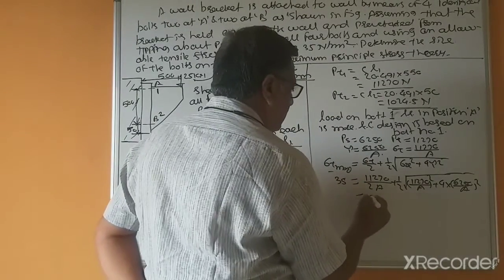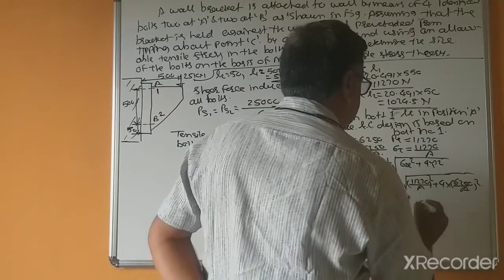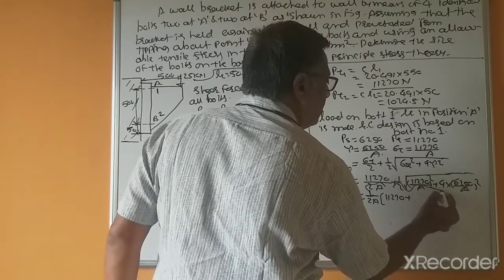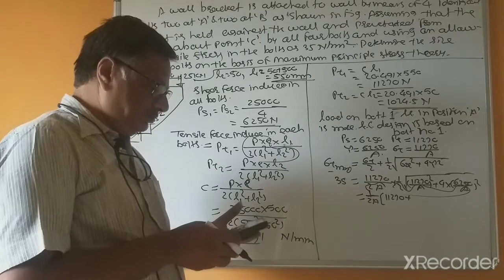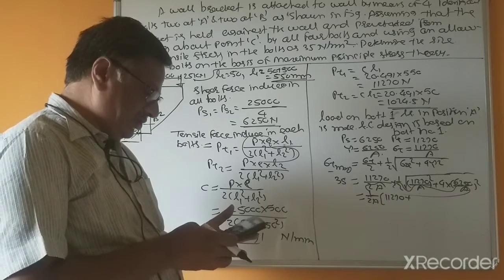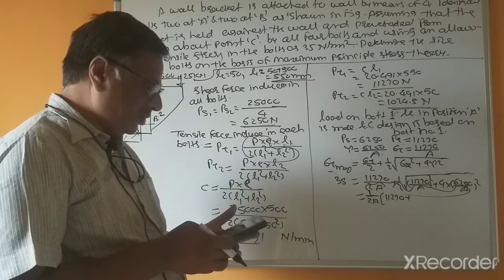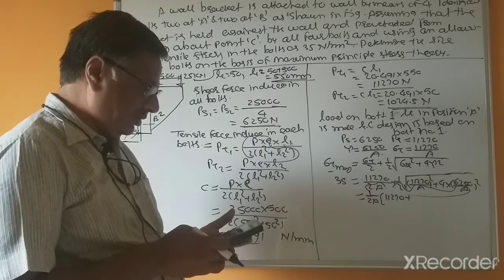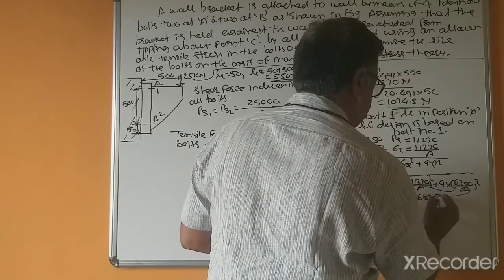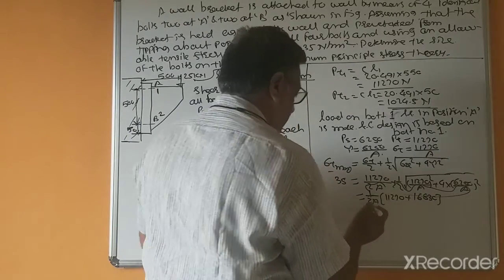That's why I can take common 1 by 2A. So what may be the value by taking this common? 6250 square multiplied by 4 plus 11,270 square, under root, equal to 16,830 plus 11,270, and this is 28,000 divided by 2.